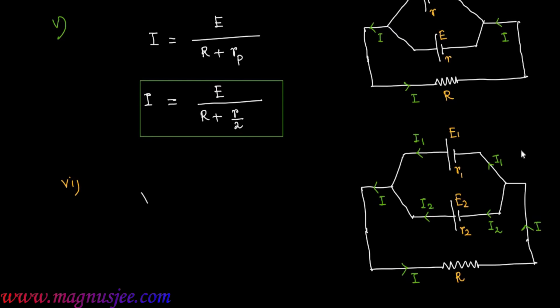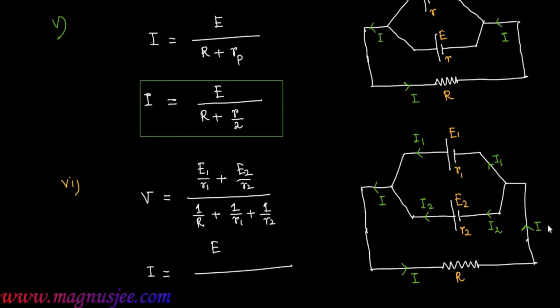Now we have to know the expression of terminal voltage of each cell and current I flowing through the external resistance capital R. The expression of terminal voltage V is E1 by r1 plus E2 by r2 whole divided by 1 by capital R plus 1 by small r1 plus 1 by small r2.